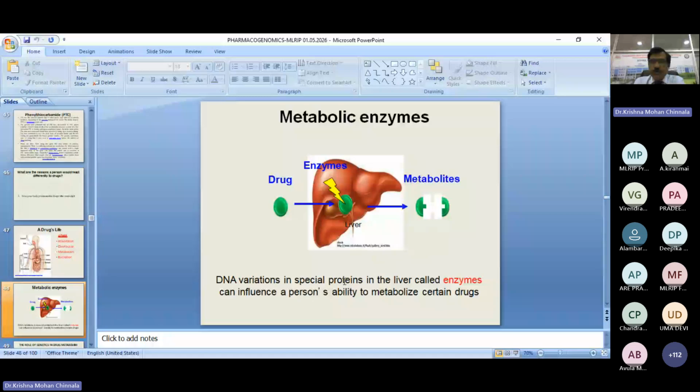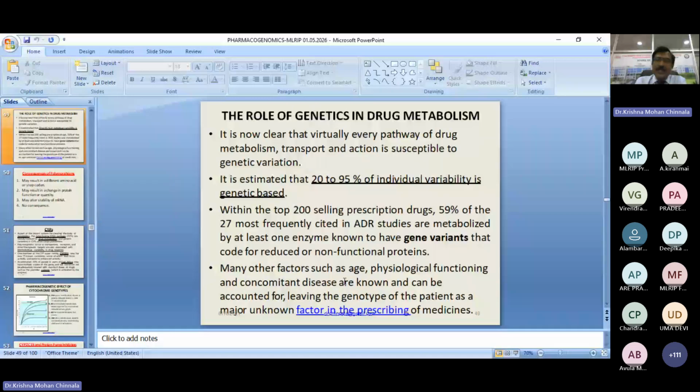It won't reach the therapeutic window or your margin of safety or whatever it may be. It won't produce any pharmacological action because of rapid metabolism. It won't reach the plasma concentration in an optimized manner, right? The role of genetics in drug metabolism: 20 to 95% of individual variability is genetic based.